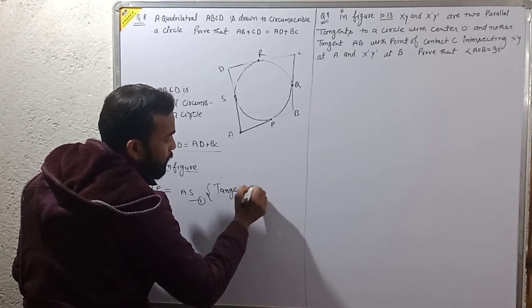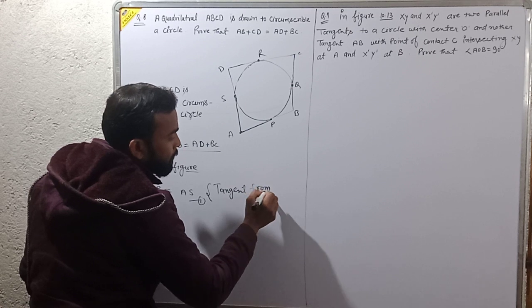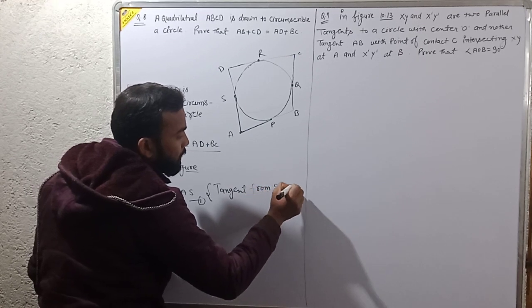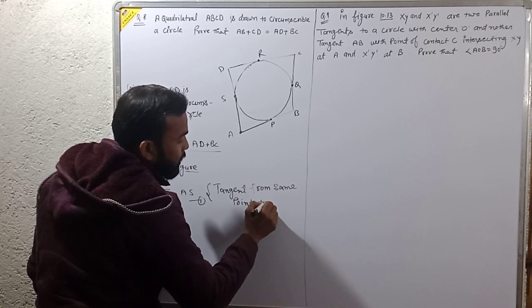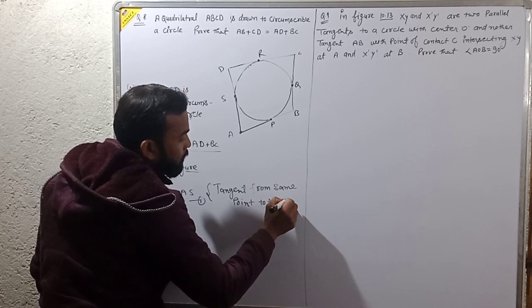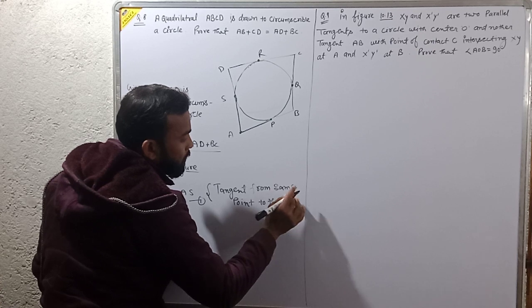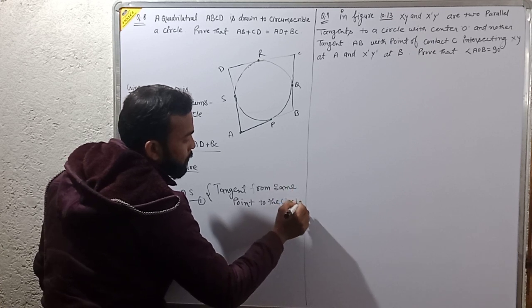Tangents from the same point to the circle. Clear?